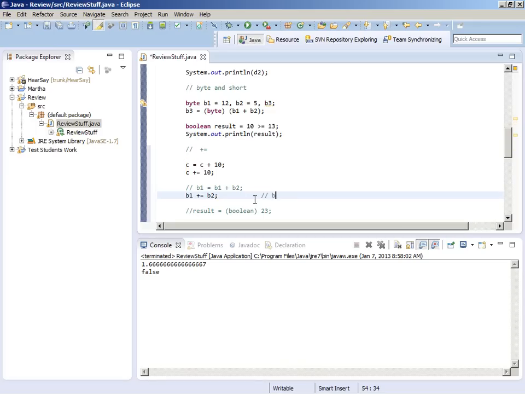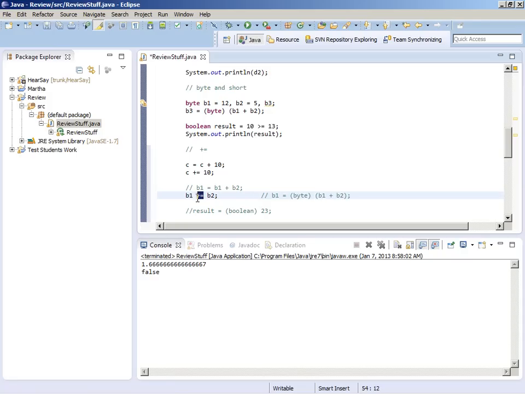We don't get B1 gets B1 plus B2. What we do get is B1 plus B2 downcast to a byte.